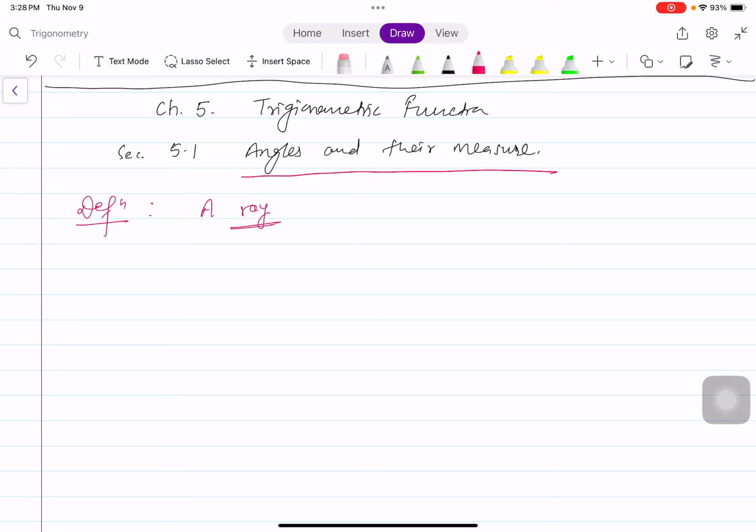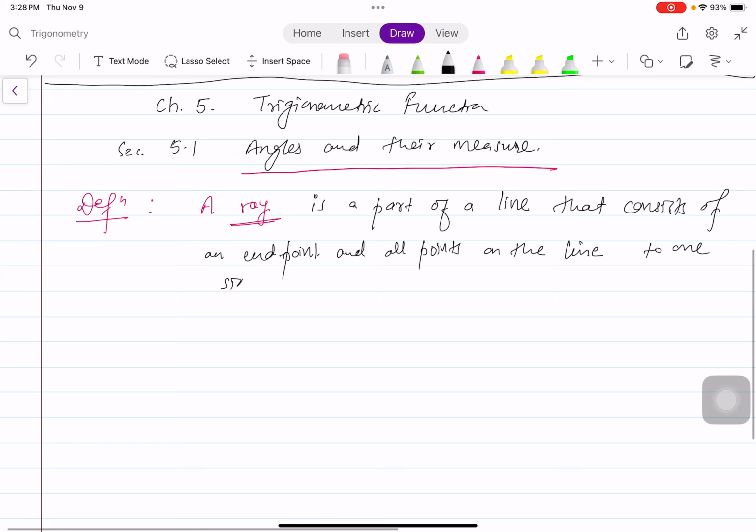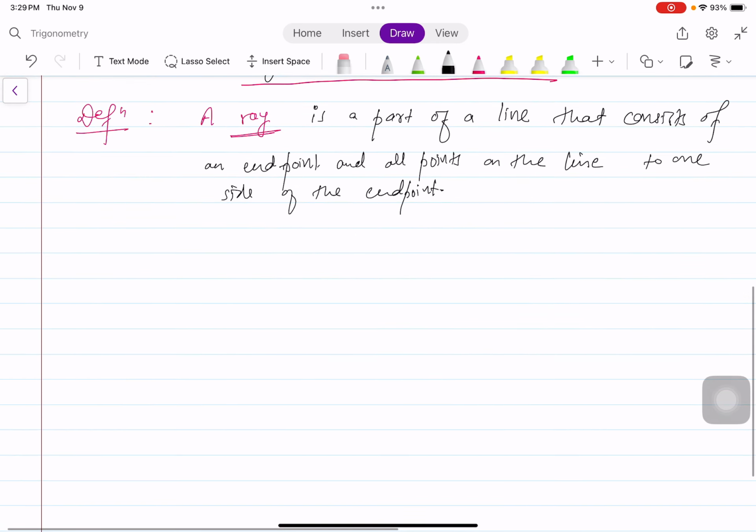The definition of ray: a ray is a part of a line that consists of an endpoint and all points on the line to one side of the endpoint. So this is the definition, but what does this mean?